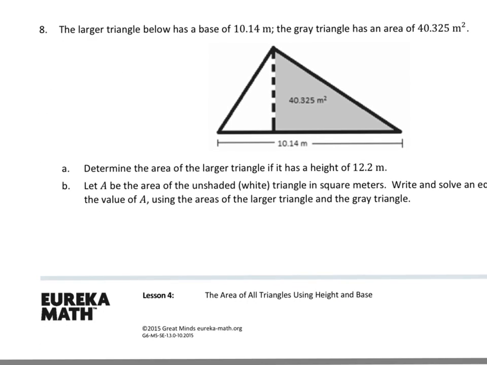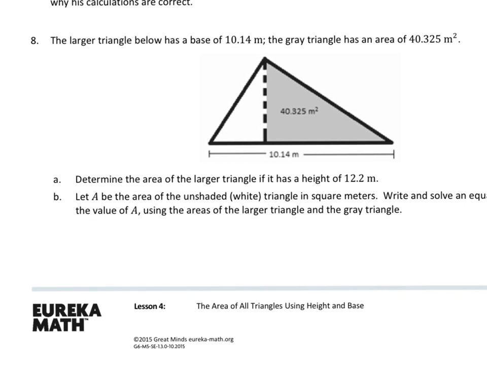Let's take a look at 8, and we'll see that we've got some mixed pieces here. The larger triangle below has a base of 10 and 1400 meters, and we got that labeled. The gray triangle has an area of 40 and 325 thousandths meters squared, and we got that labeled.